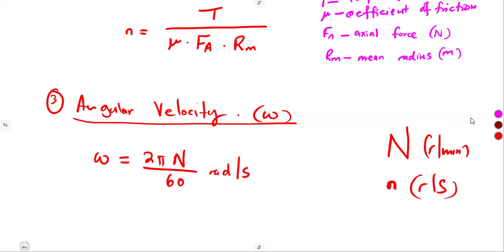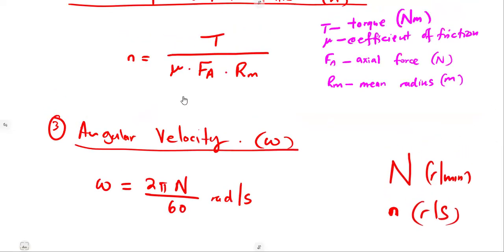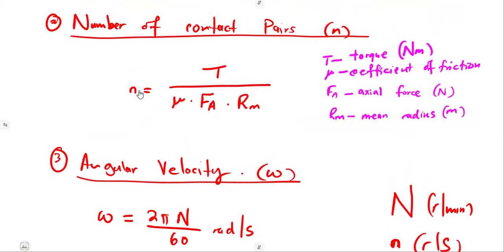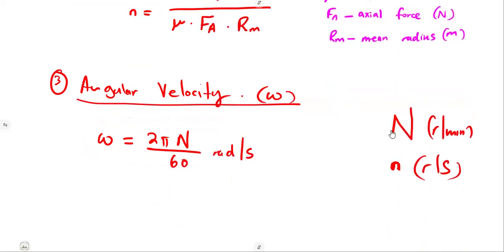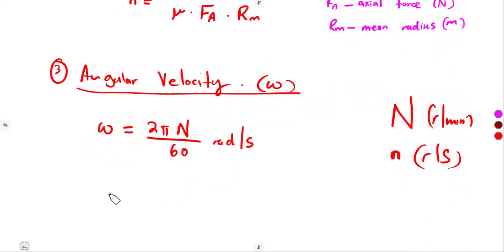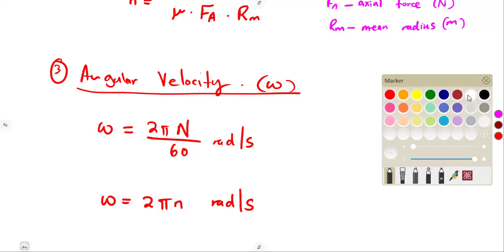The rev per minute, rev per second is the speed. If we wanted to use that, there is this n here, which is representing the number of contact pairs. You'll be thinking it's one and the same thing, but let me specify: if we are given the speed in revs per second, our omega, the angular velocity, will be given by the formula 2 pi n in rad per second, from our engineering science.